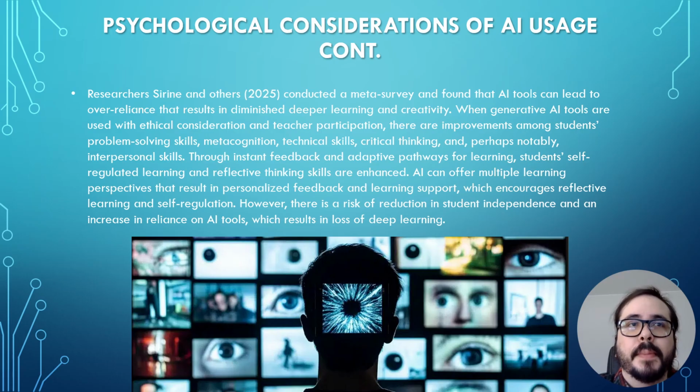They can actually help people practice talking to other people through instant feedback and adaptive pathways for learning. They can also provide multiple learning perspectives that result in personalized feedback and learning support, which encourages reflective learning and self-regulation. But there is a risk of reduction in student independence and an increased reliance on AI tools, which results again in the loss of deep learning.